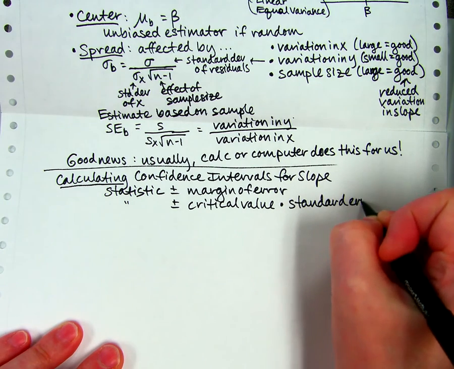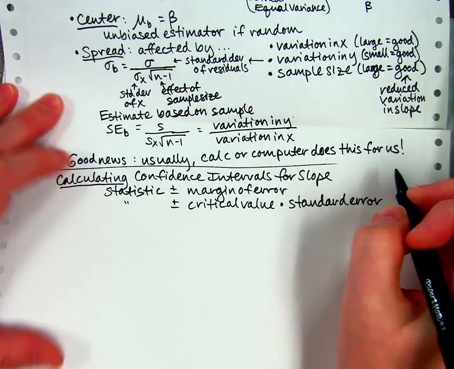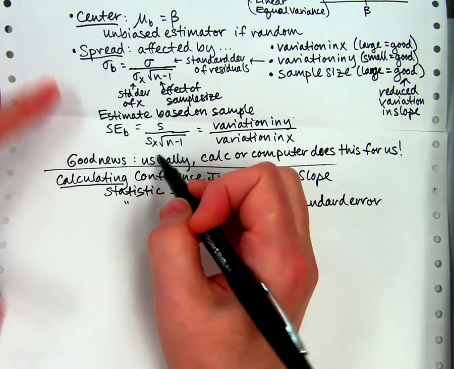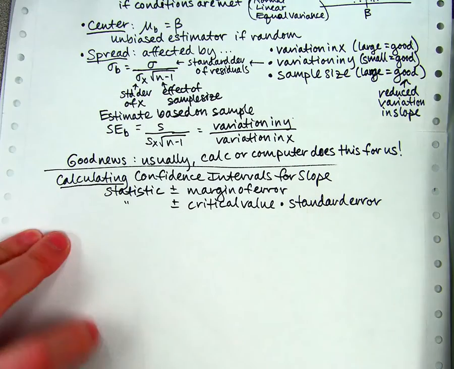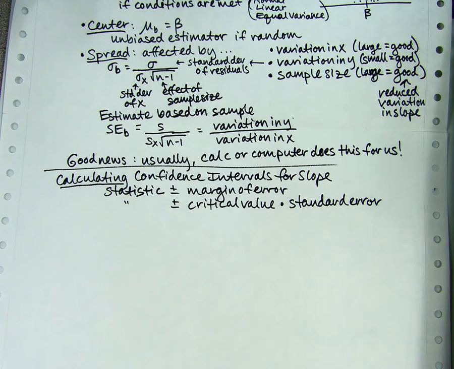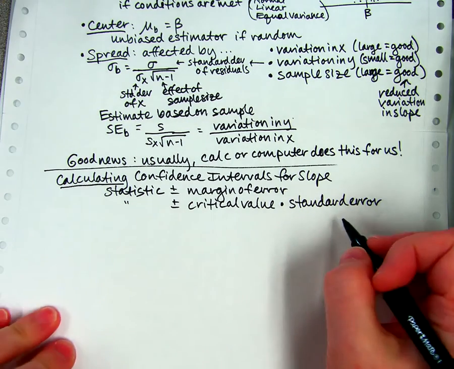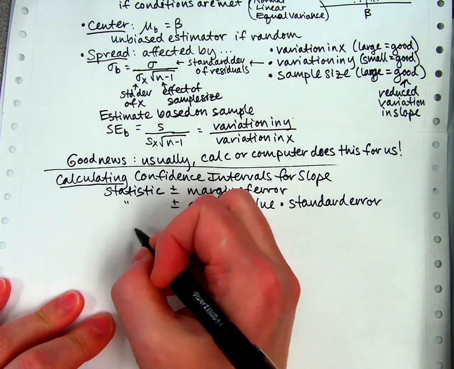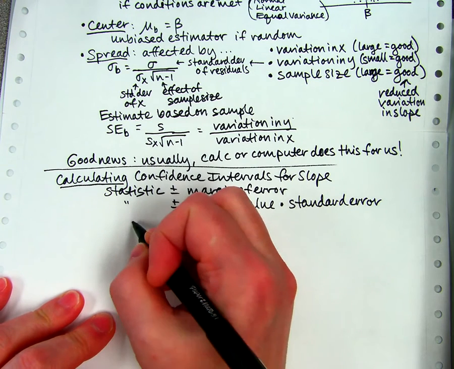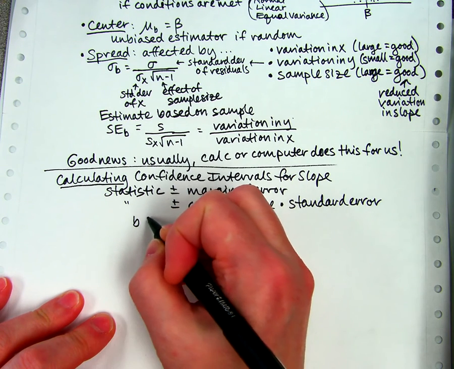And the standard error, theoretically, you could find it by using this formula if you had the data, but you don't have to, because you are going to usually be given the standard error as part of your computer output or whatever they give you. So the statistic in this case is B for the sample slope.